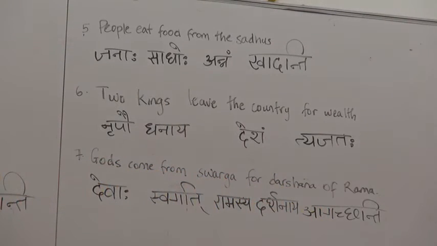Ramasya Darshanaya. Darshana of Rama. This is a long sentence, but it uses all the cases you have already seen in class. Ramasya Darshanaya. They are all supposed to be simple.